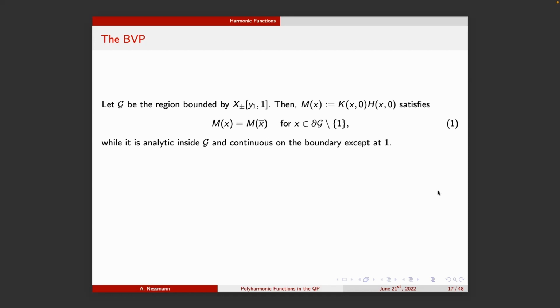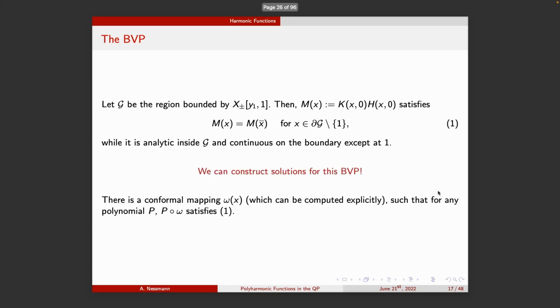We want to have the same value on the conjugate points, and in the inside, except for one point, we want to be analytic. This is very convenient because there's theory about that, so we don't have to worry too much. There's just a conformal mapping such that each polynomial, or even entire function, applied to that conformal mapping will give us a solution.